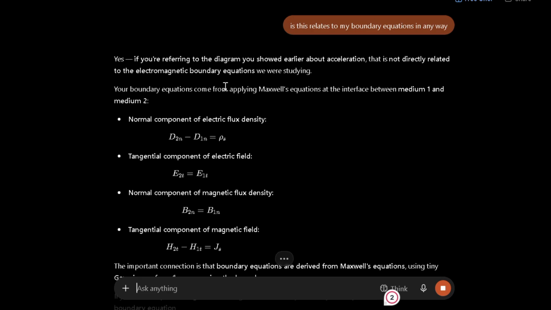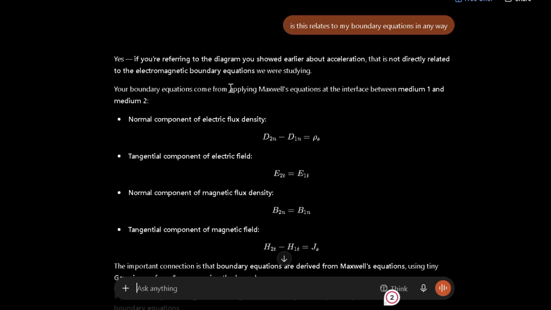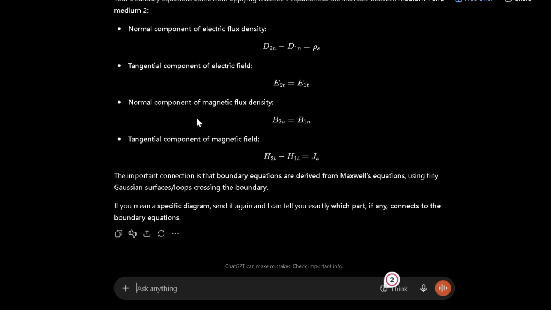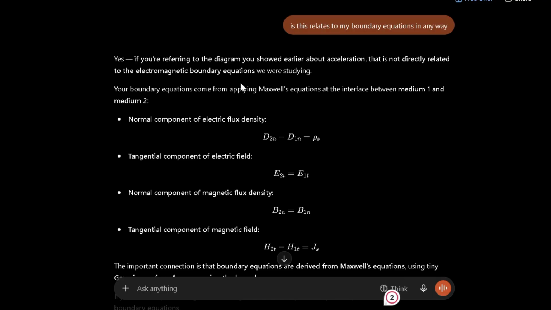It is not directly related to the electromagnetic boundary equations we are studying, but your boundary equations come from flux and axis. So the diagram is not actually the same, but I want to show it so we really get the concept of normal component and tangential component. That's why I have taken different images from online sources and am trying to see if there is any relation between them.